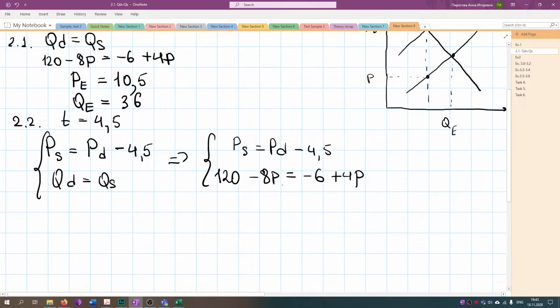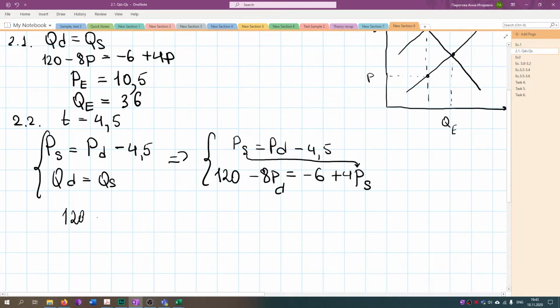Yes, here is the price for buyers, and here is the price for sellers, and we take the first equation and put it in the second one. Instead of P for suppliers, we take our first equation.